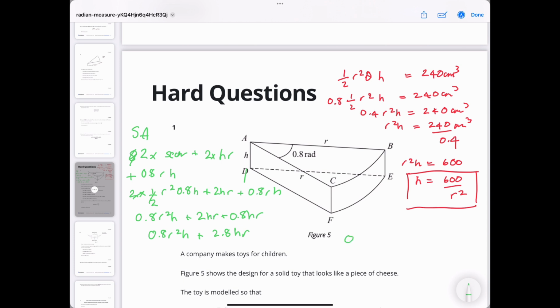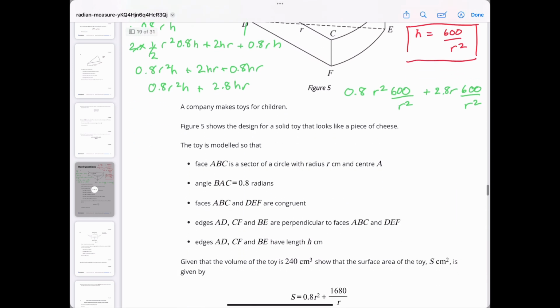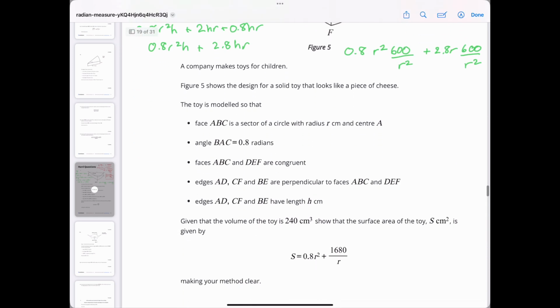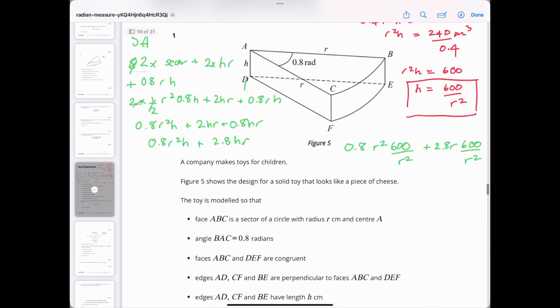So it's now 0.8 r squared times 600 over r squared plus 2.8 r times 600 over r squared. Have I missed something out?